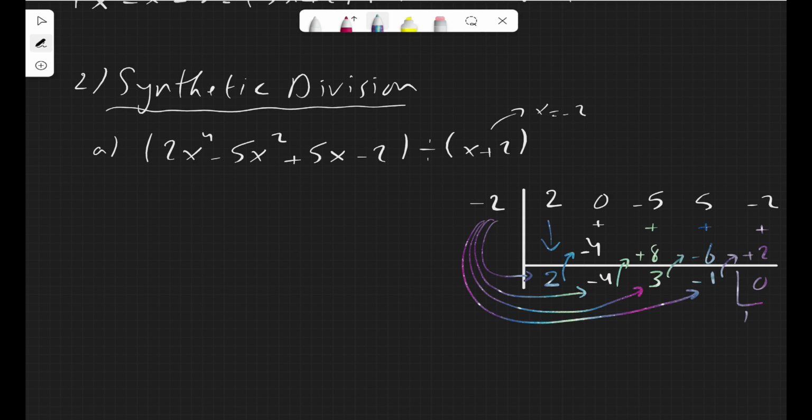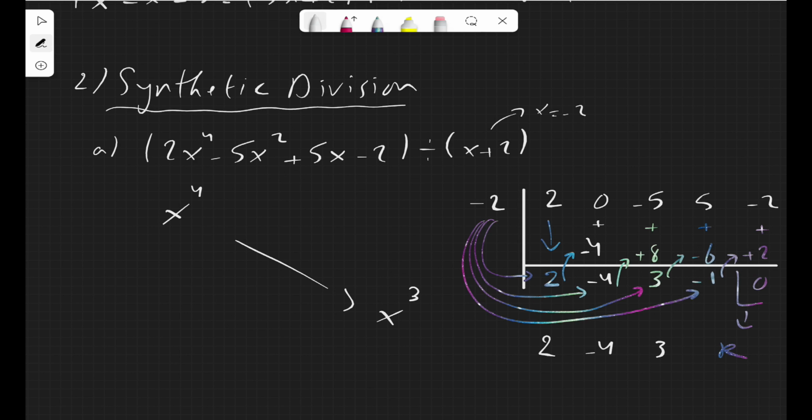The last number is the remainder. And these numbers, 2, negative 4, and 3, are the coefficients of the quotient. In our question, the highest degree is 4, so the quotient's highest degree is one less.